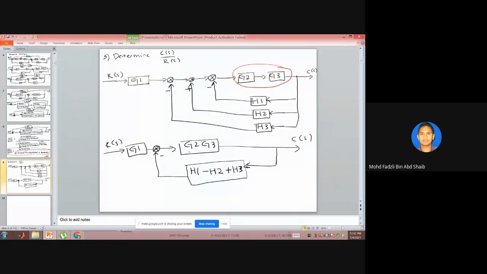I give you time. Okay, now we need to solve G2, G3, and H1 minus H2 plus H3, right? We need to solve this, right?